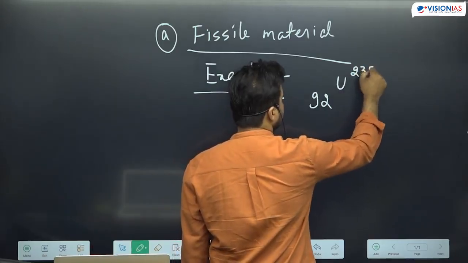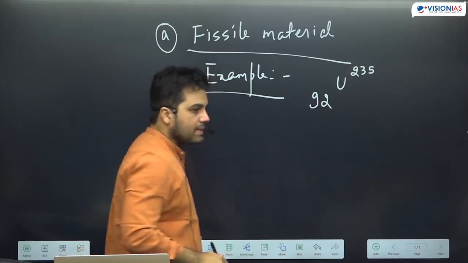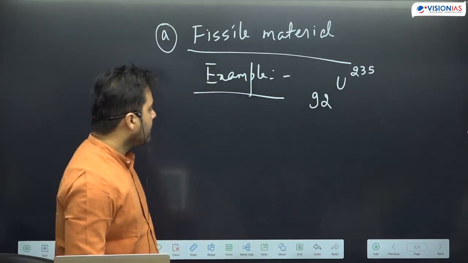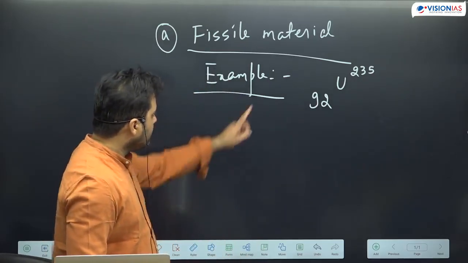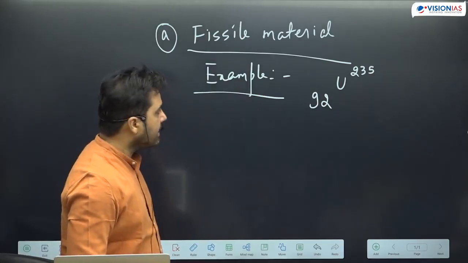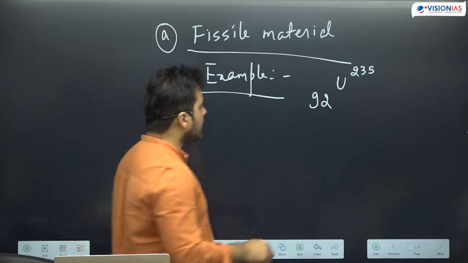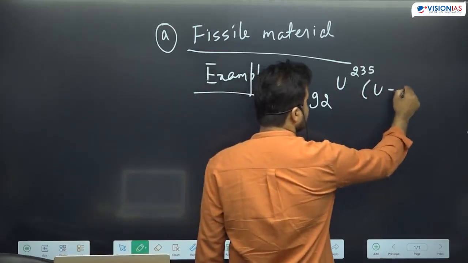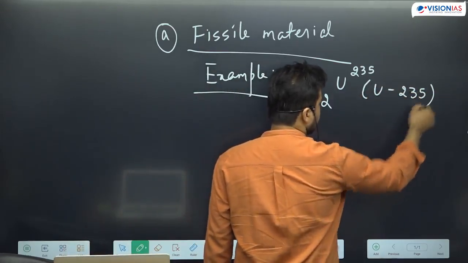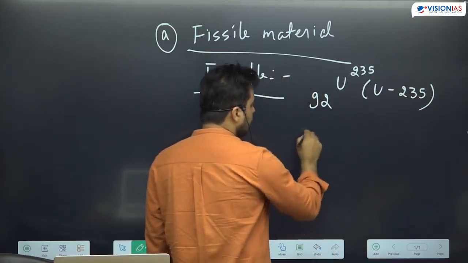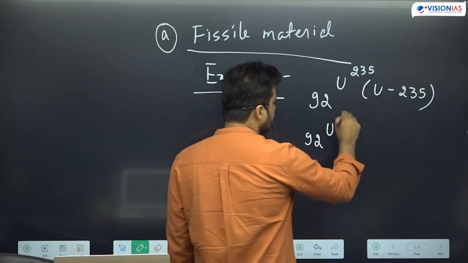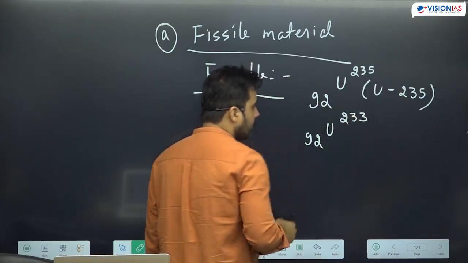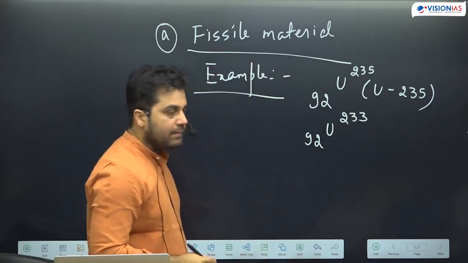For example, the most famous example all of us should remember is uranium's isotope with atomic mass of 235. We can simply write uranium 235. Even if you write it like this, it's totally fine. Then another isotope of uranium is uranium 233. That is also a very good fissile material.